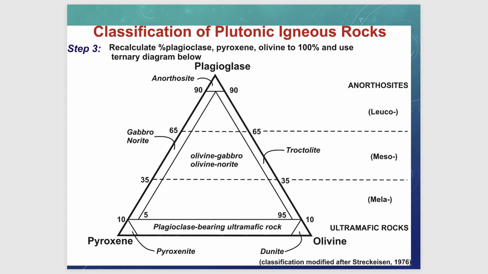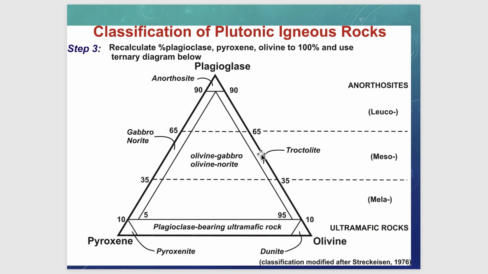What if we have like 50-50 end members? So if we go in this location here, we will talk about gabbro-norites. So gabbros and norites usually are rocks that are poor in olivine, so they have less than 5% olivine, but they have 50-50 between pyroxene and plagioclase.